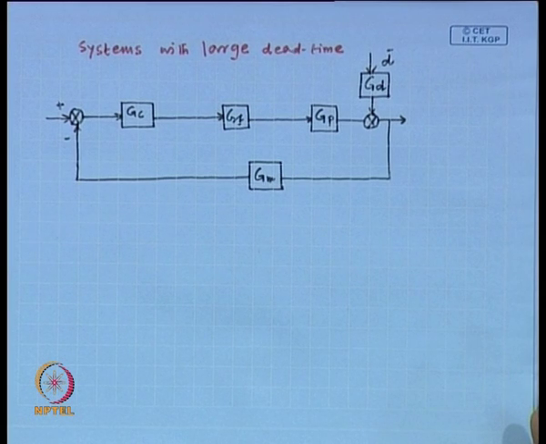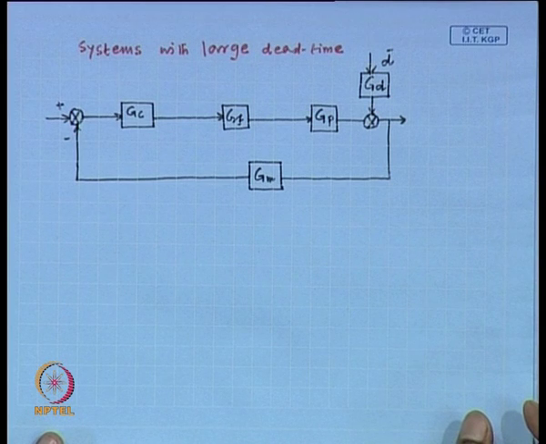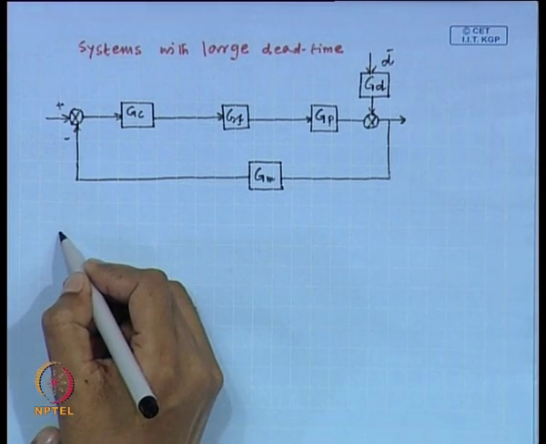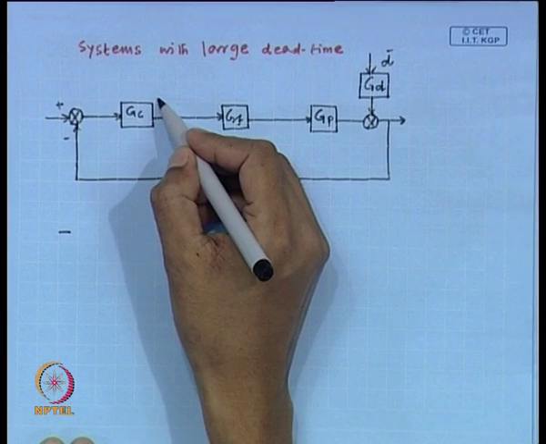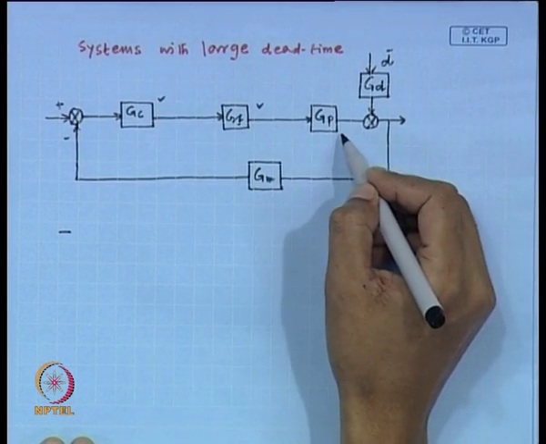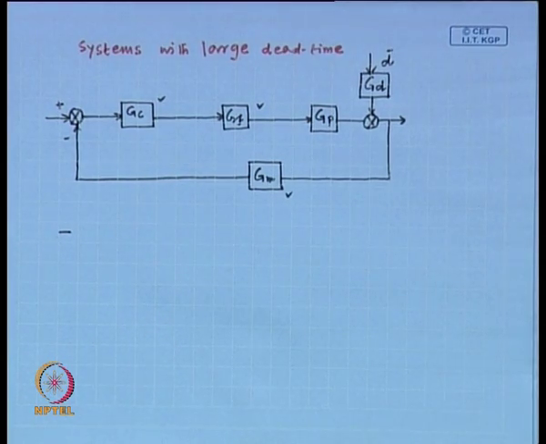Almost all the dynamic elements may include time delays. Like time delay is involved in transportation of fluids over long distances. See here, controller, final control element, process and measuring device construct the closed loop block diagram.